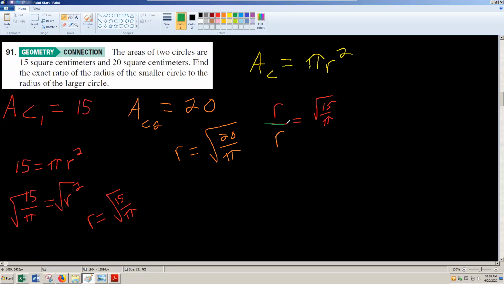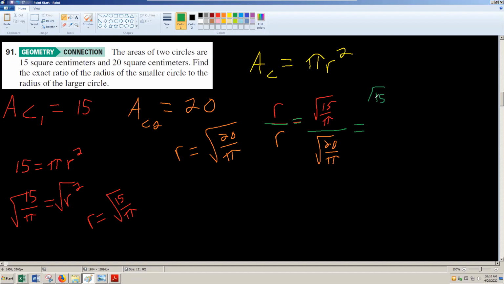Let's separate our colors here. Cool. So the first thing I see is a square root, and so I'm going to split my root into my numerator and denominator, and I see that my root pi's cancel off.